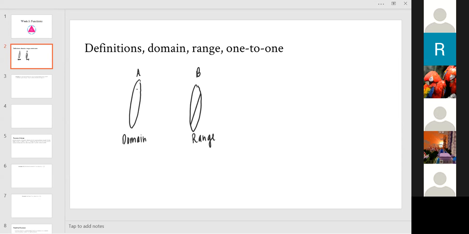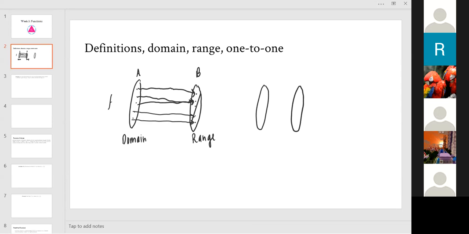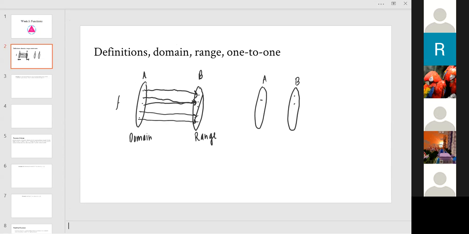So we have some elements in A and some elements in B. So basically the function f maps elements of A to B. So we can have two elements of A mapping to the same element in B. However, we cannot have one element of A mapping to two elements of B. So we can't have something like this. This is not a function.